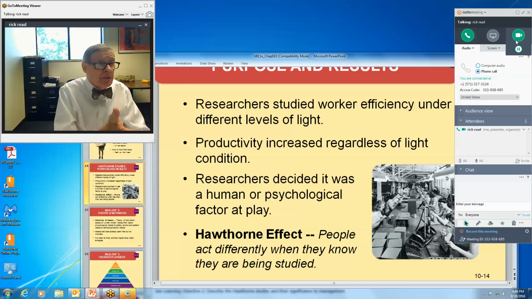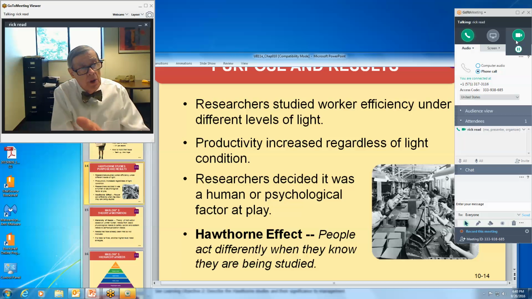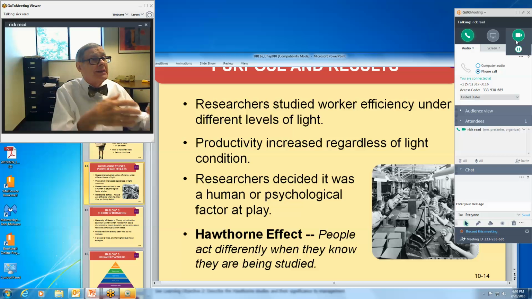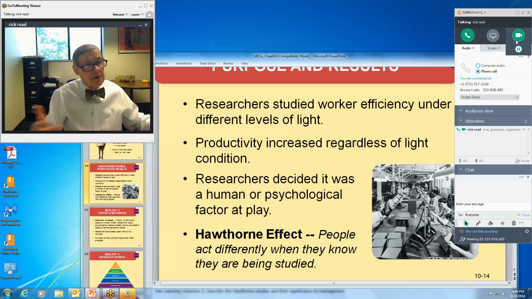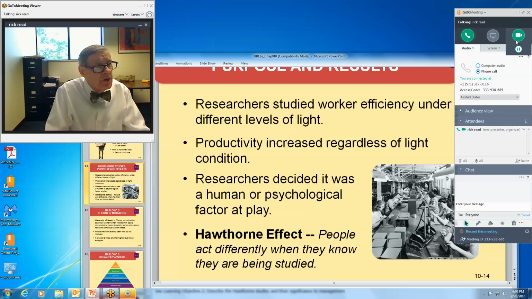Now remember that these studies were conducted in the late 1920s and early 1930s, and we didn't have all the extra light from buildings and other things that we do today. What they found was that the production increased regardless of the level of light.